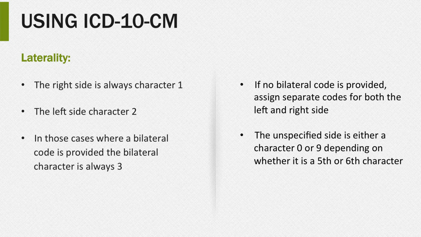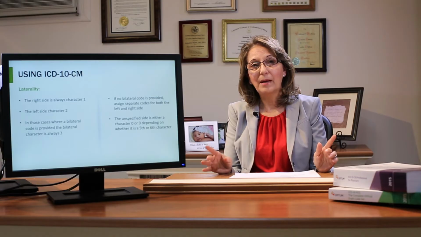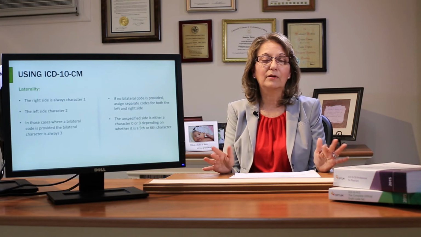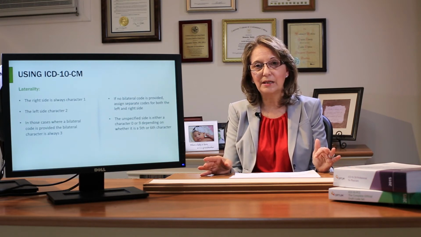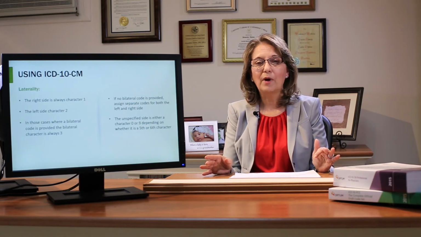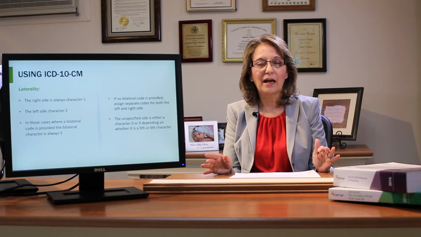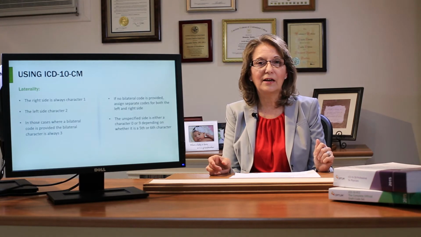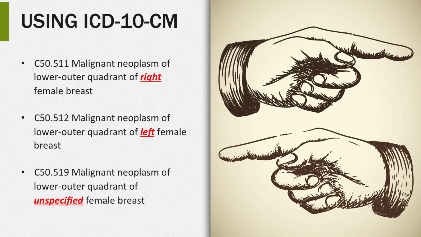If ICD-10 does not provide a bilateral code and the illness or injury is bilateral, you would assign 2 ICD-10 codes, one for the left and one for the right. Remember, you still need to report the appropriate HCPCS LT or RT modifier to the CPT procedure code, and you'd want to make sure that that modifier actually corresponds to the laterality in the ICD-10 diagnosis code that was selected.